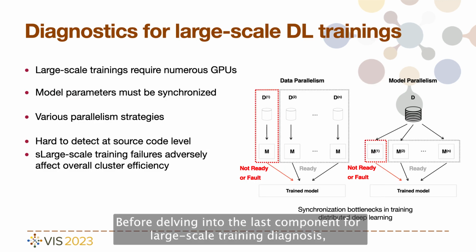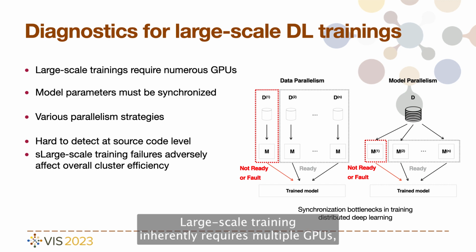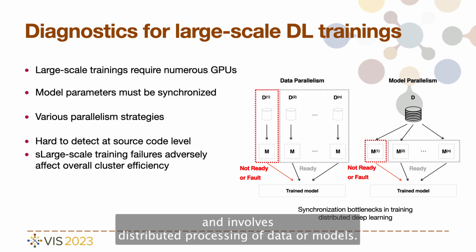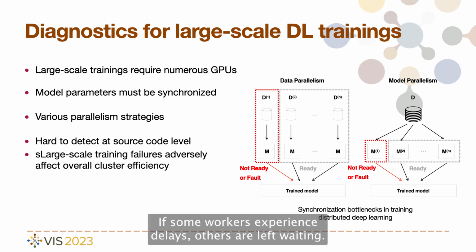Before delving into the last component for large-scale training diagnosis, I'd like to first explain why diagnosing problems is challenging. Large-scale training inherently requires multiple GPUs and involves distributed processing of data or models. Distributed tasks necessitate synchronization. If some workers experience delays, others are left waiting.